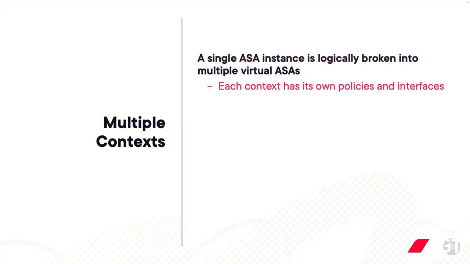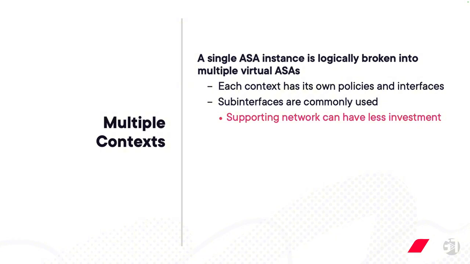Each context has its own set of rules, routing domains, and interfaces are assigned specifically to each context. For ASA appliances that do not have a lot of physical interfaces available, a common practice is to leverage subinterfaces and assign specific subinterfaces to the various contexts, which can make the investment in the supporting network smaller as well.